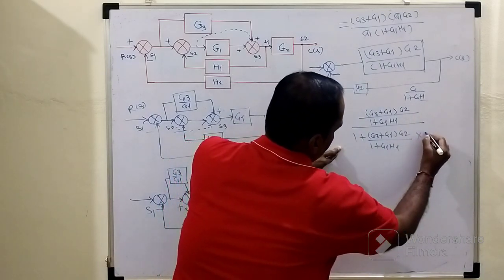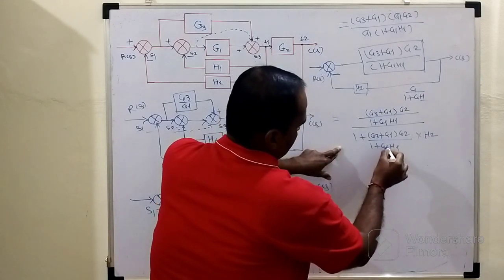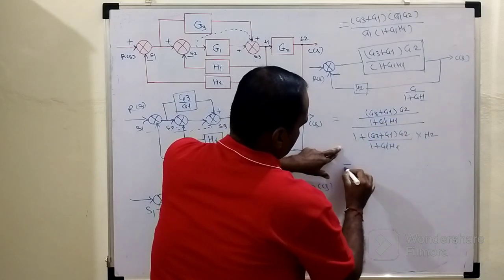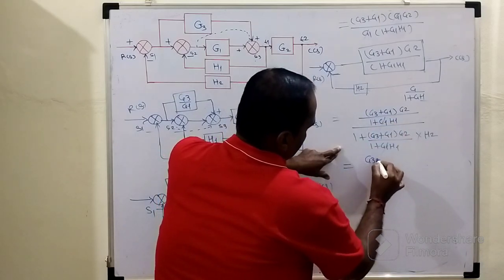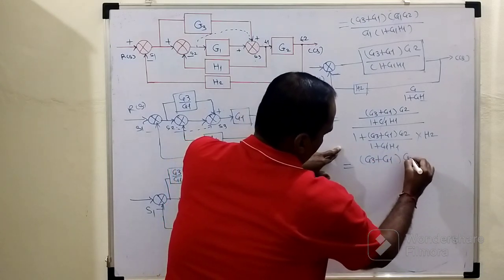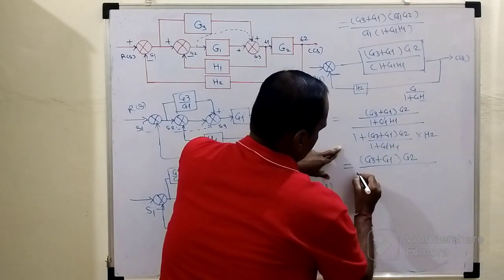Here the feedback is associated with this H2, right? So obviously, when we consider these terms as an LCM, these two terms will get cancelled. The remaining term is (G3 + G1) into G2, upon this whole term multiplied with this one.